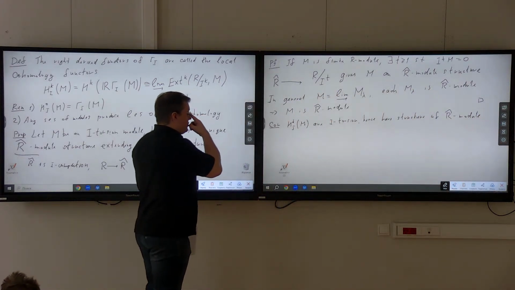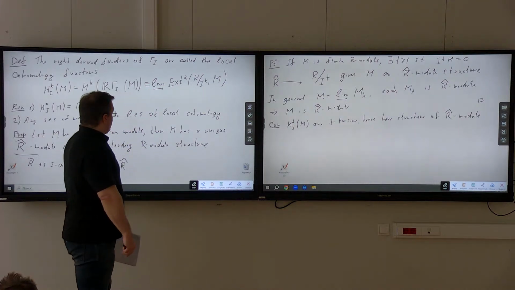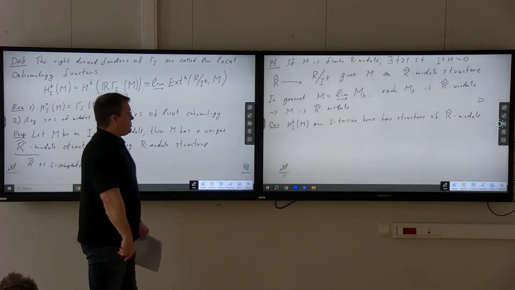So all local cohomology groups are naturally not just modules over R, but modules over the completion of R.